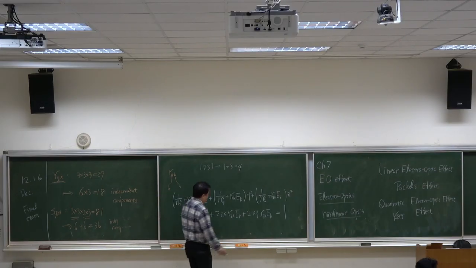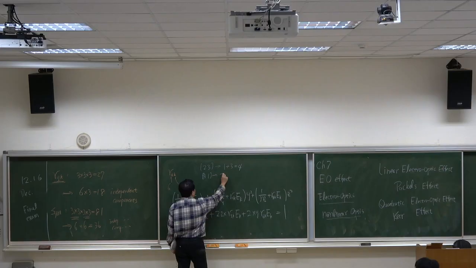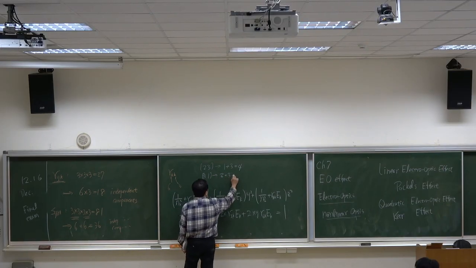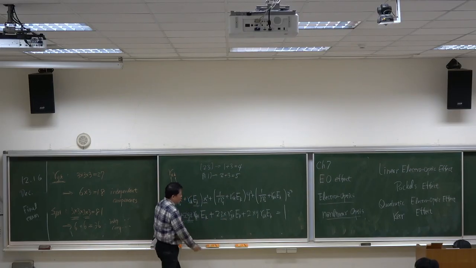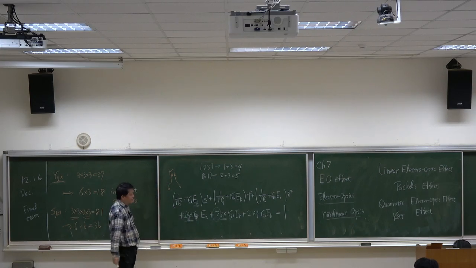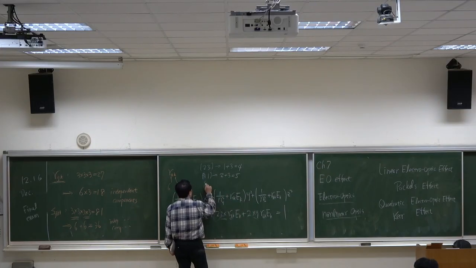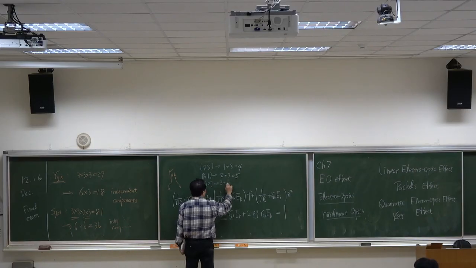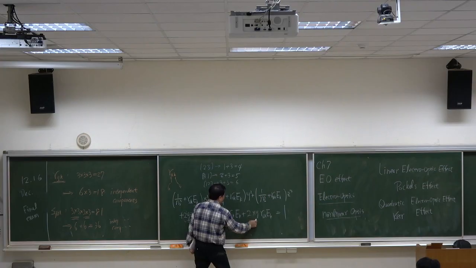Okay, and how about zx? zx is 3, 1, 2 plus 3 equal to 5. So here we have 5 times this. And do not forget this factor 2 because we have zx and xz. And finally, 1, 2, 3 plus 3 equal to 6. 1, 2, and 2, 1.